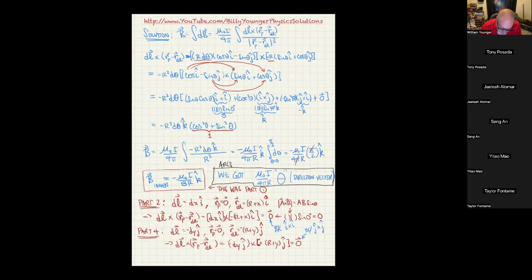So all I've got to do for part 4, oops, I probably want to use another color. Actually, I think I will use blue. So this is technically part 3. I just called it part 4. Sorry about that. But this is technically part 3. What we know is the direction of this one, since the current is going in a counterclockwise direction around that arc, whereas before it went in a clockwise direction, we now see it should be in the positive k hat direction.